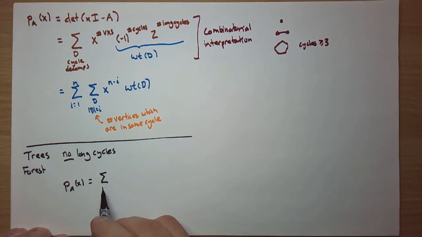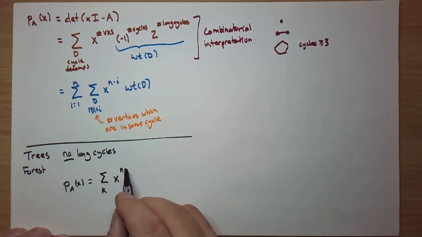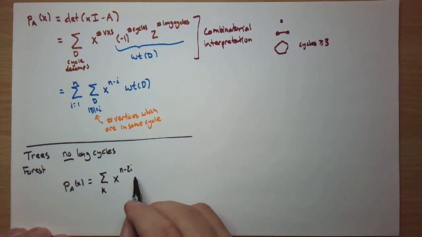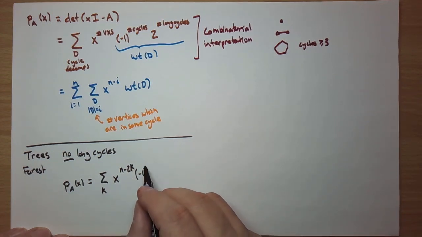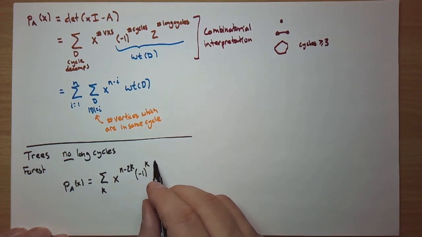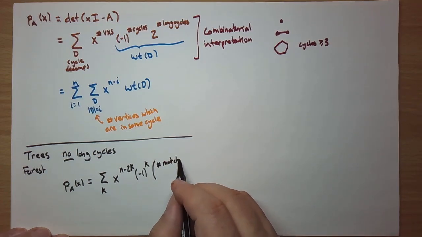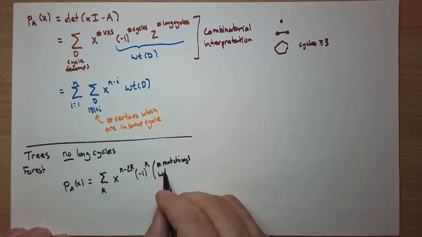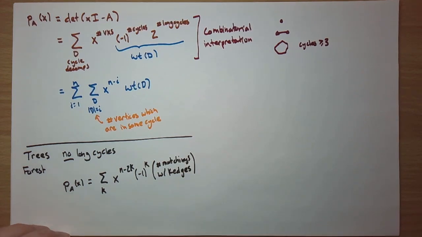Sum over all k, we'll have x to the n minus 2k, and negative 1 to the k, and then we'll have the number of matchings with k edges. So that's what we get.